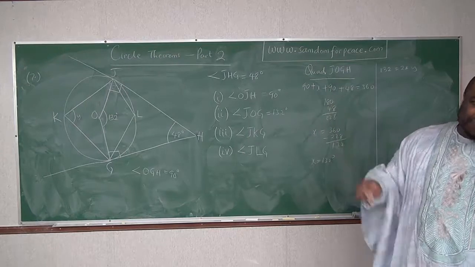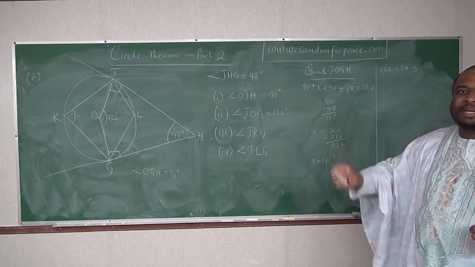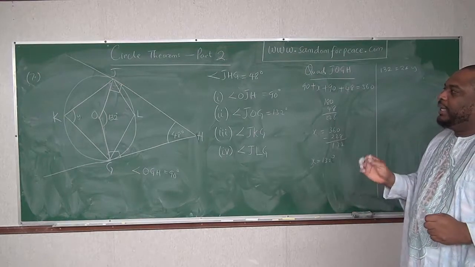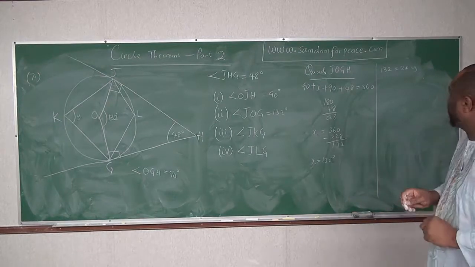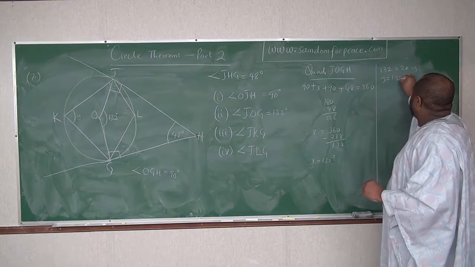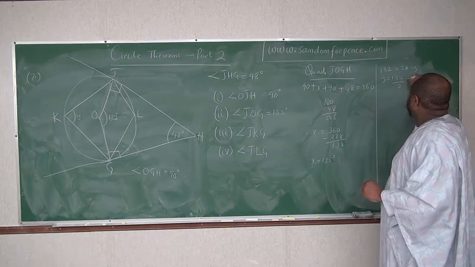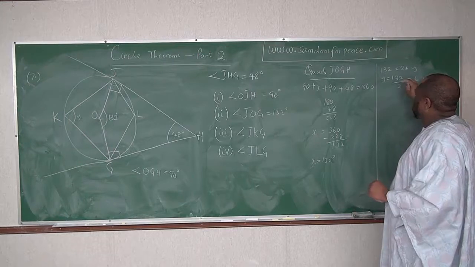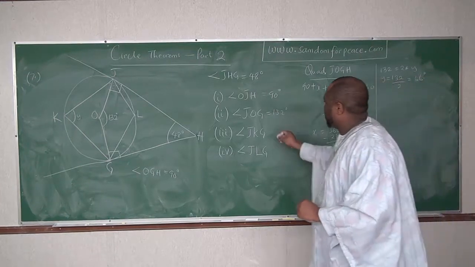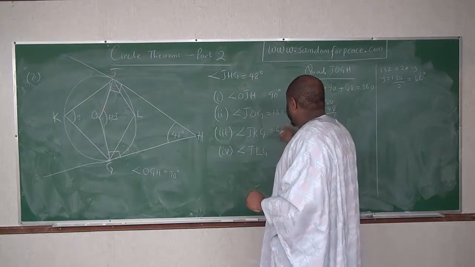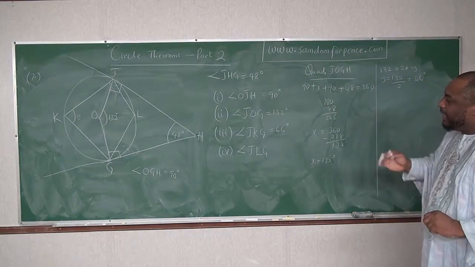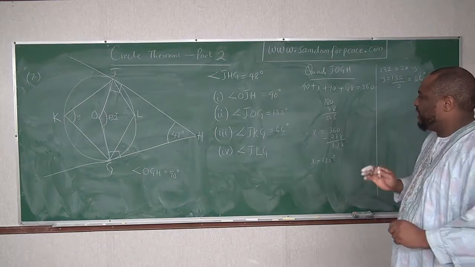We explained this in part 1. So Y is 132 over 2, which is 66 degrees. So this is 66 degrees, angle JKG. And then the last one, angle JLG.